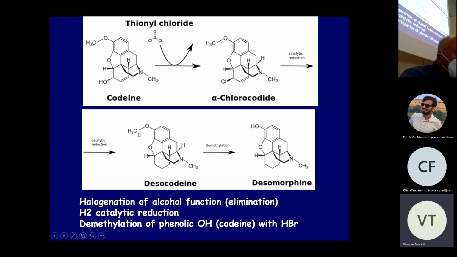And then the demethylation of the methoxy function to give the free OH. This is desomorphine, especially in Russia. They buy big quantities of codeine and they transform codeine into desomorphine.